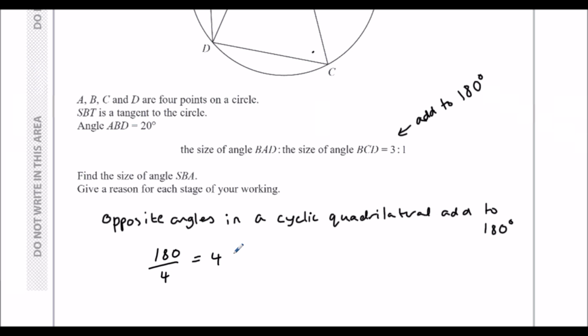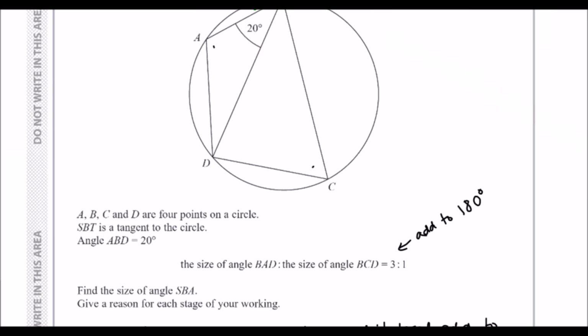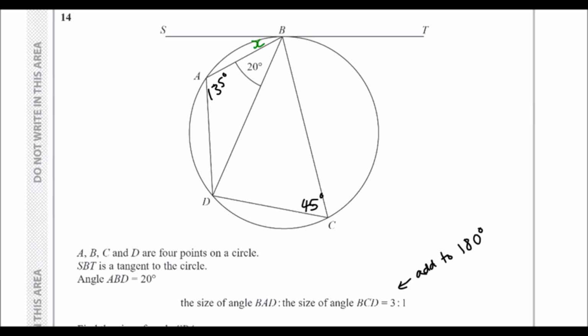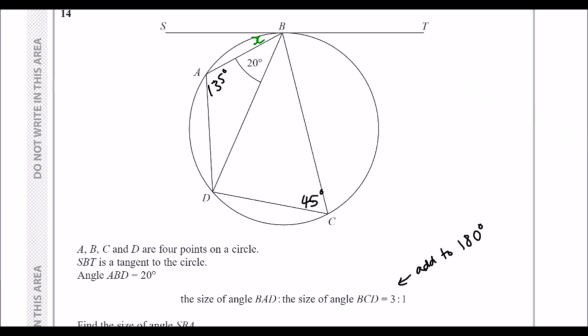So each part must be 45. So we've got 3 45s, which will be 135, and 1 45, which is 45. So we know we've got 45 degrees for BCD and 135 for BAD.